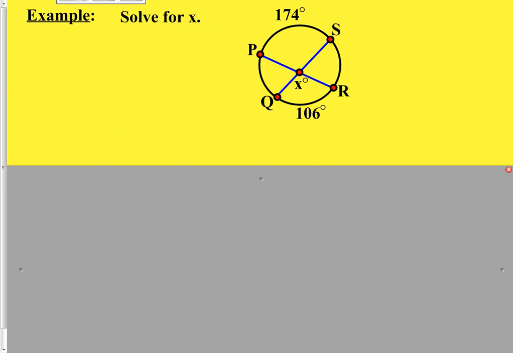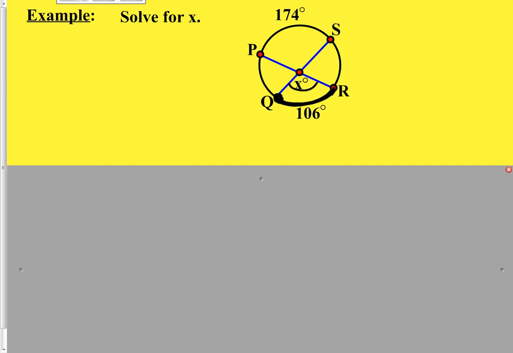Again, the problems aren't going to come out and tell you what to think or which rule to use. It'll be up to you to identify what's in the picture and then decide the proper rule for yourself. Clearly we have two chords that are intersecting, we have arcs that are caught between those chords, and we have an angle that is also caught between those chords. That's an important thing to recognize.